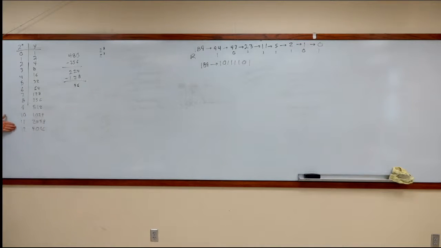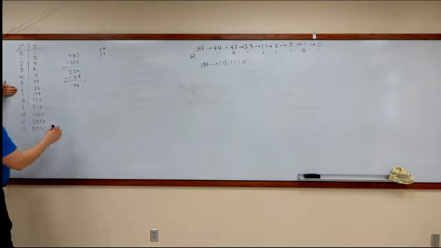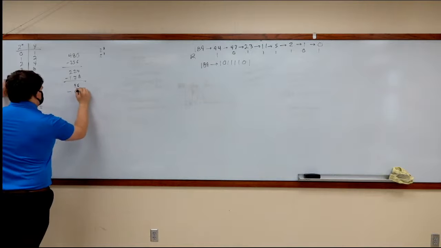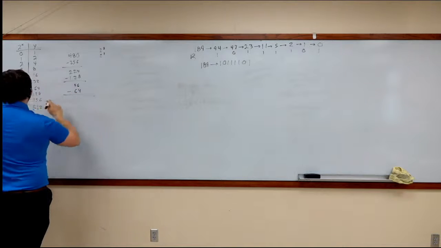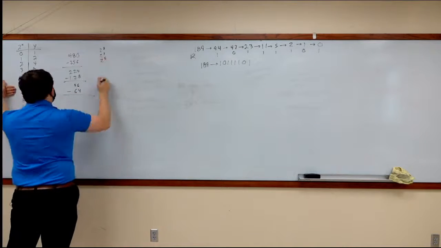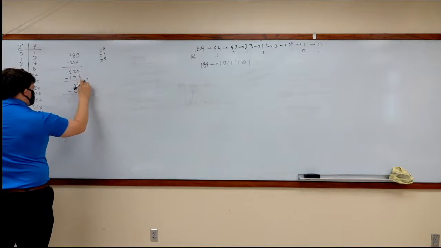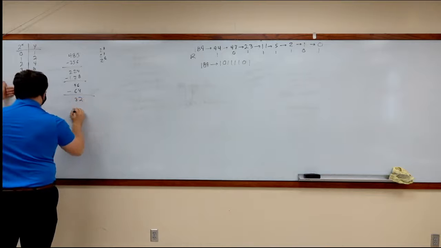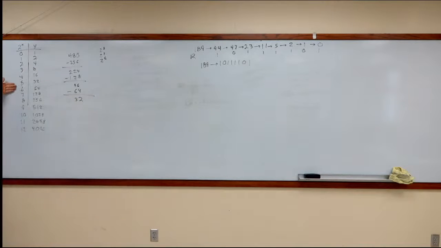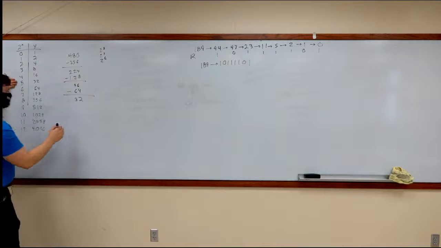Okay, so then the next smallest number that is less than 96 is 64. So we say minus 64, which 64 is 2 to the 6th. And what we get is 32. And then we see that 32 is 2 to the 5th.